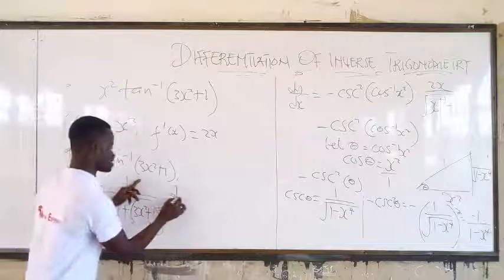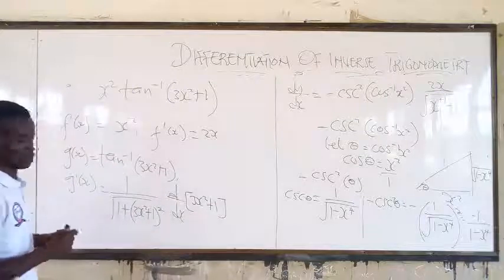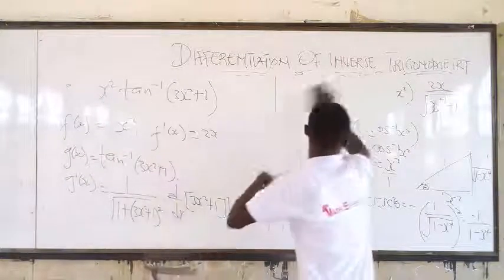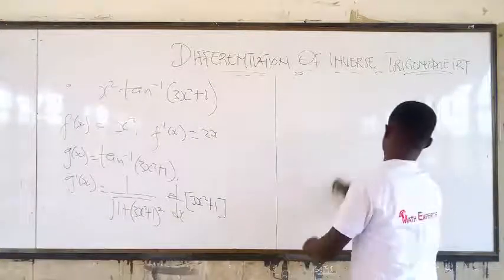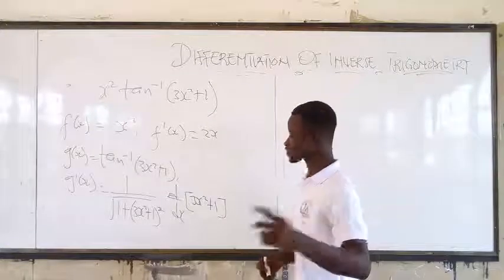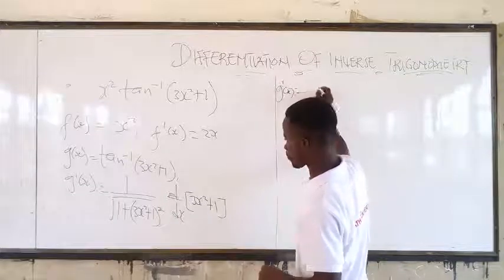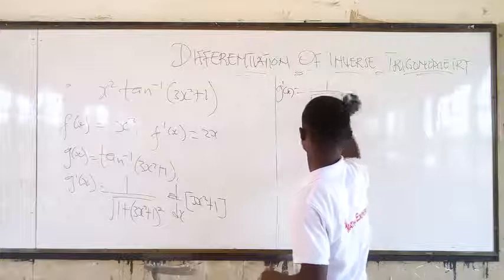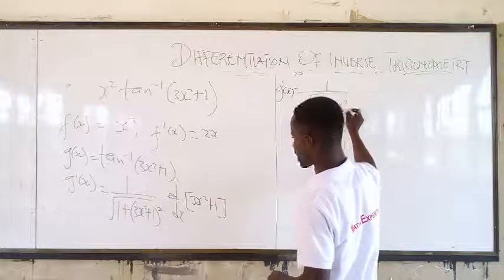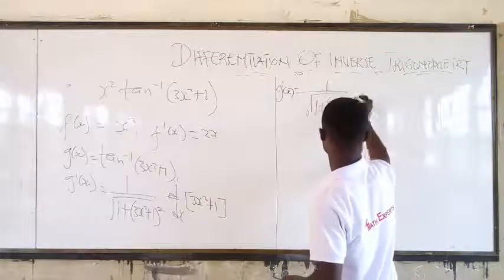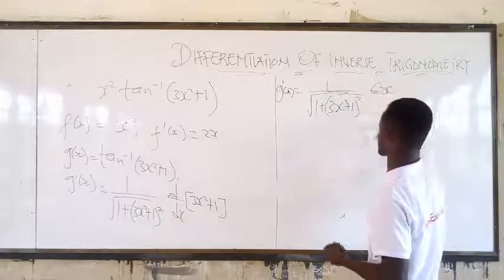So when you differentiate this, you are going to get g prime of x equal to 1 over 1 plus 3x squared plus 1 all squared, times the derivative of that, which is 6x.